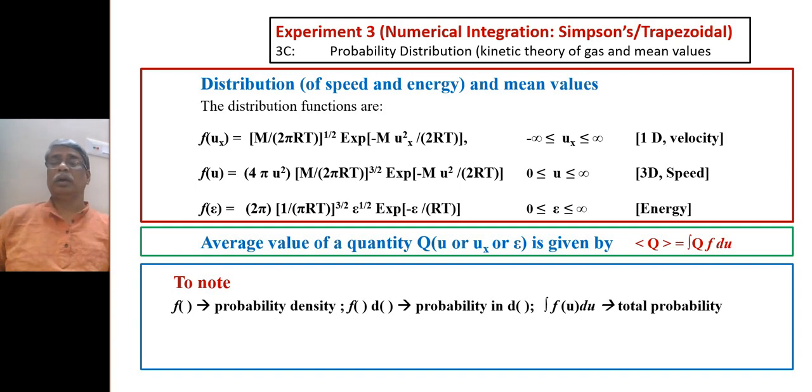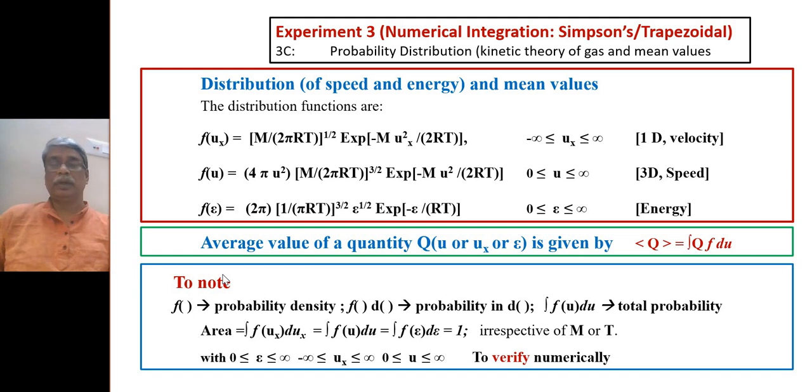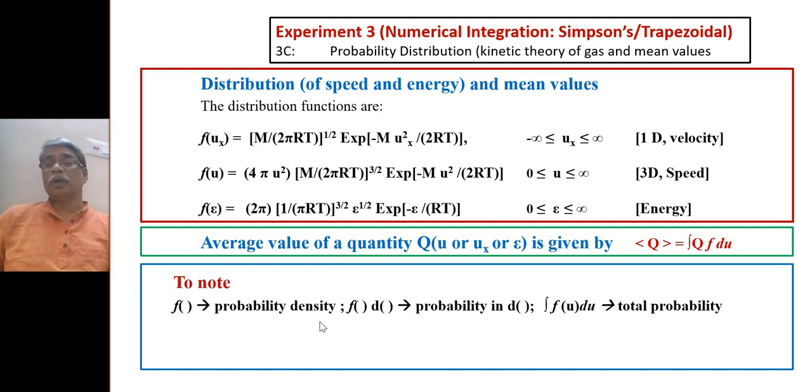And here you please note that this distribution function, we call it also probability density, this f of ux or f of u or f of epsilon. So it is probability density.